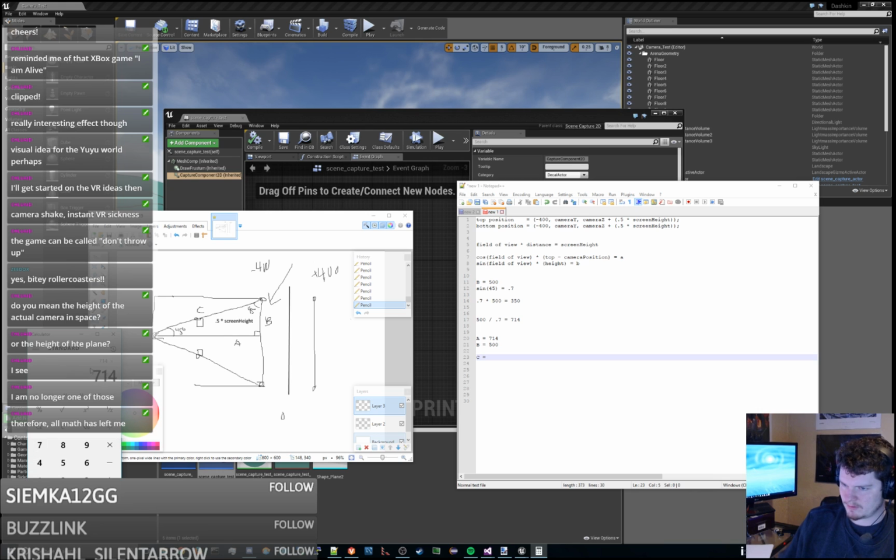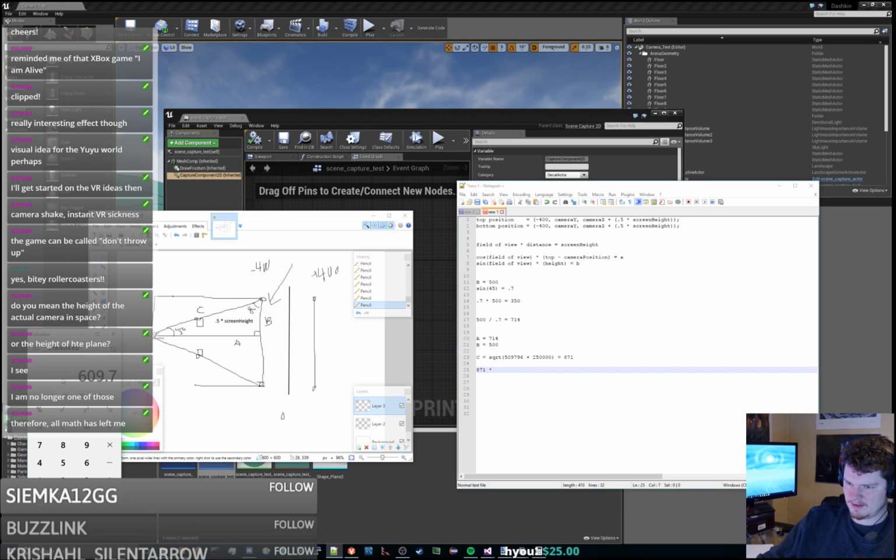So 714 times 714, so C should be 871. So basically what we should have is 871 times the cosine of 45, so it should be 871 times 0.7 is 609.